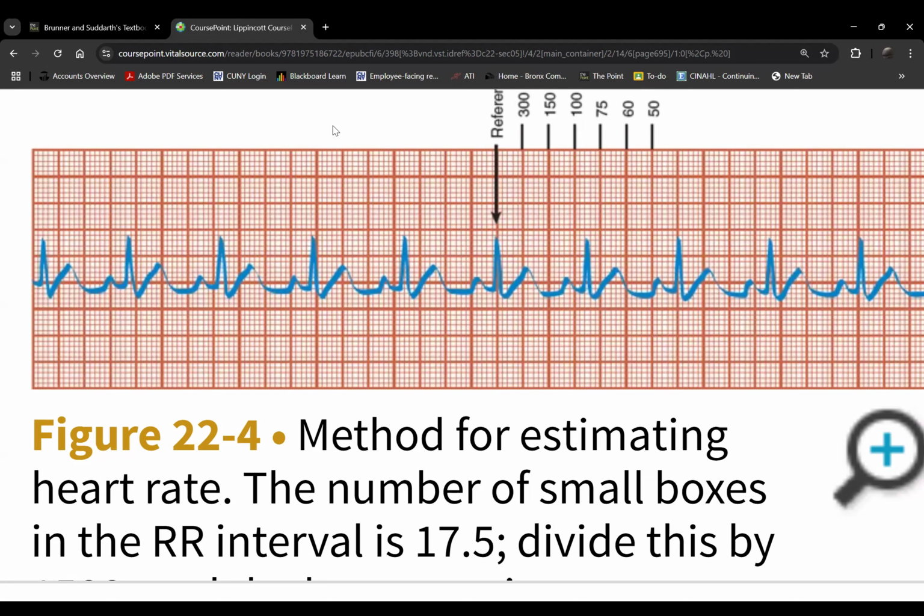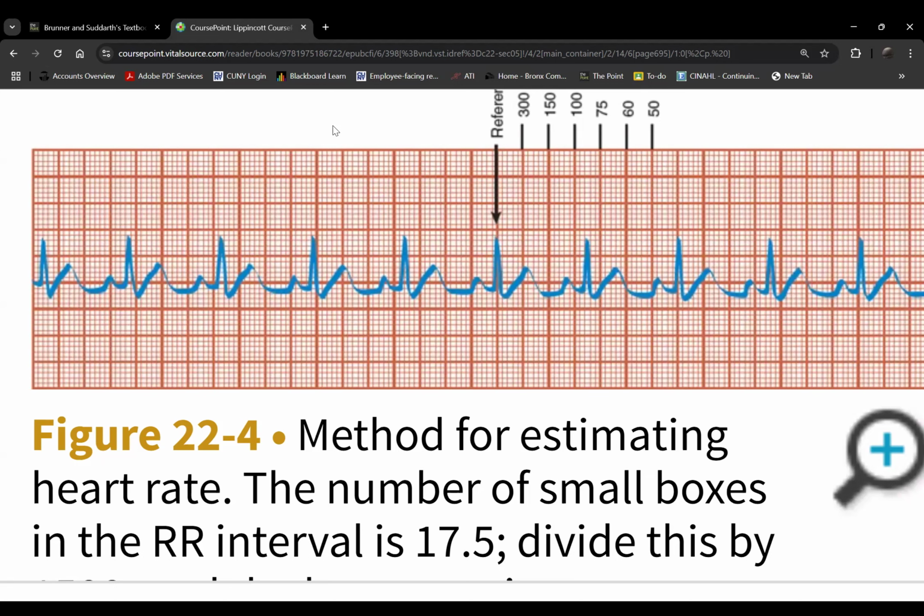It's easy. However, if you have an irregular rhythm, can you use these methods easily? No. Plus, remember, these are estimates, right? Because the only true accurate measure of a heart rate is if you print a whole 60-second strip. That's the most accurate.